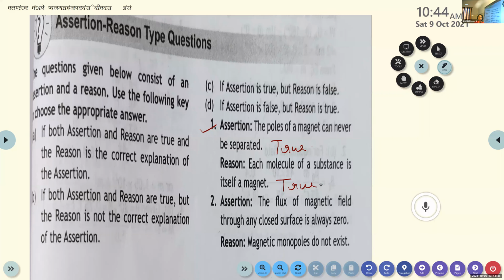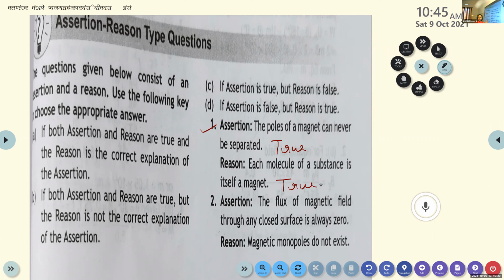That is why whenever we cut the magnet into two pieces, or even if you powder the magnet, you can find the two poles. So the poles of the magnet can never be separated, or a magnetic monopole doesn't exist. Each molecule of a magnetic substance behaves like a magnet and must consist of two poles, a north pole and a south pole. We cannot separate these two poles. So the assertion is true, the reason is true, and the reason is the correct explanation for the assertion.